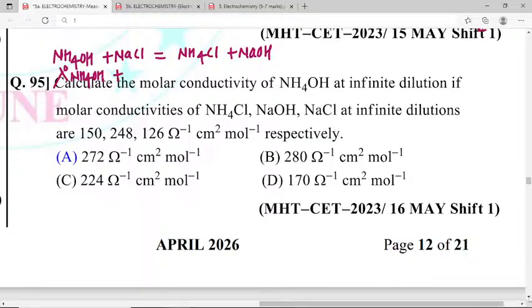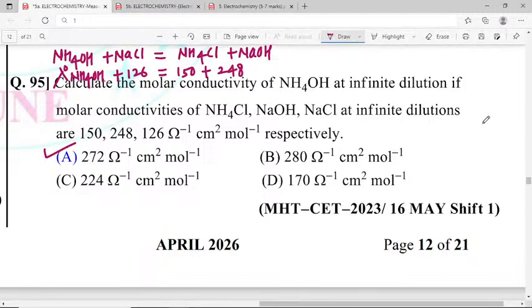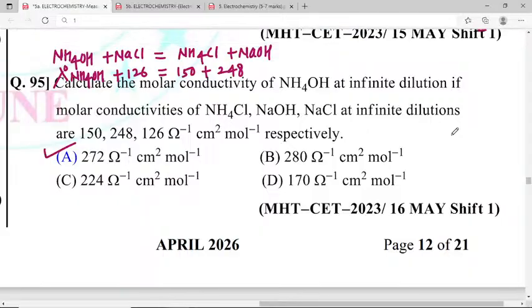What is the value for NaCl? 126. NH4Cl is 150 plus NaOH 248. First add 150 plus 248, then subtract 126, and we get the answer 272.